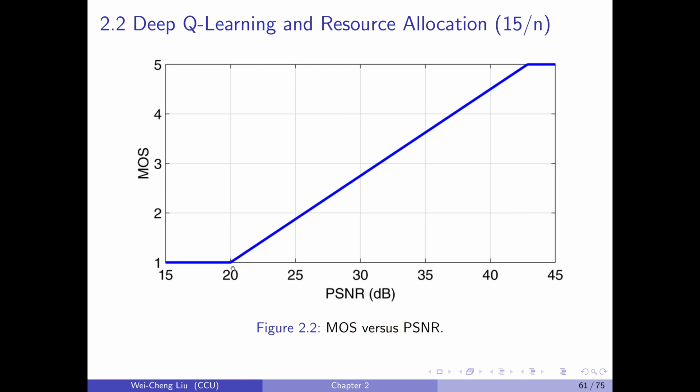When PSNR is between 15 and 20 dB, MOS is equal to 1. When the PSNR is between 20 and about 43 dB, MOS increases as PSNR increases in a linear function. Then when PSNR is greater than or equal to 43 dB, MOS is 5.